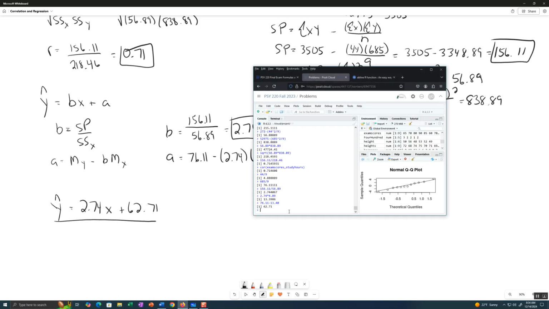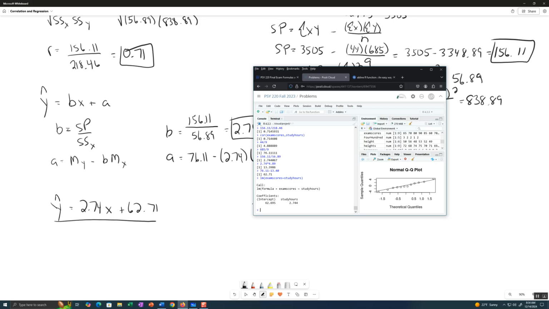And I check that here by doing something like this. Linear model, we're using exam scores predicted from study hours. So we see the y-intercept is 62.69. We have 62.71. That's rounding error. Slope is fine. So we're off by a little bit of rounding error. But that's good enough for the regression line.